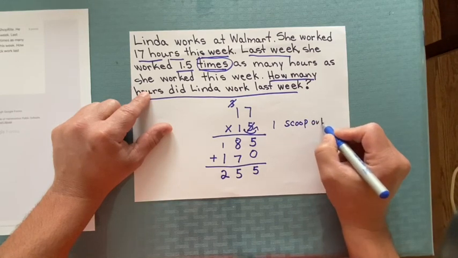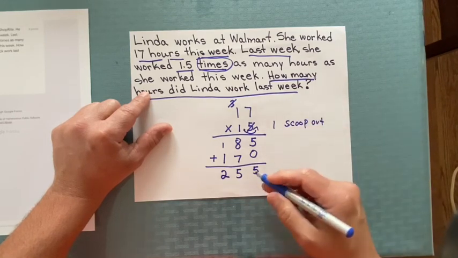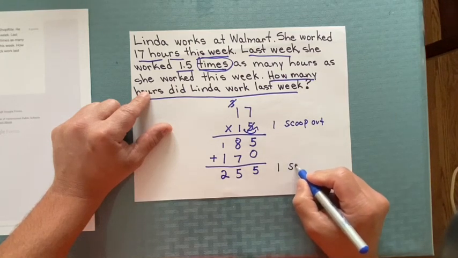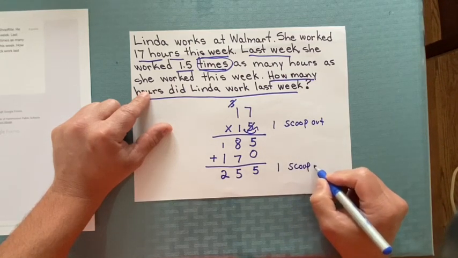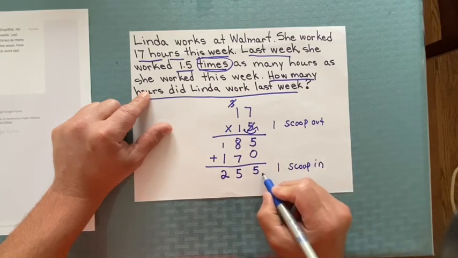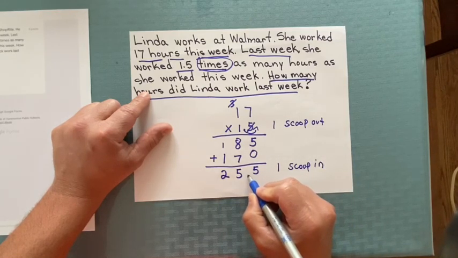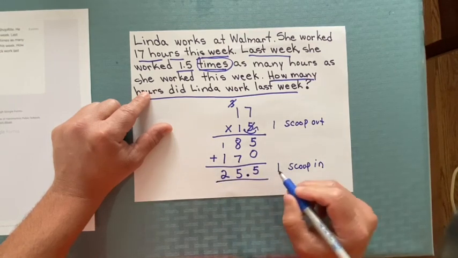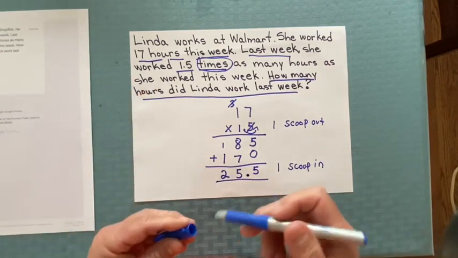Scoop out. We're going to scoop in the same amount of time, which is 1 time. So we start from here. We move it 1 place to the left. Our decimal point would be here. Our answer is 25 and 5/10.